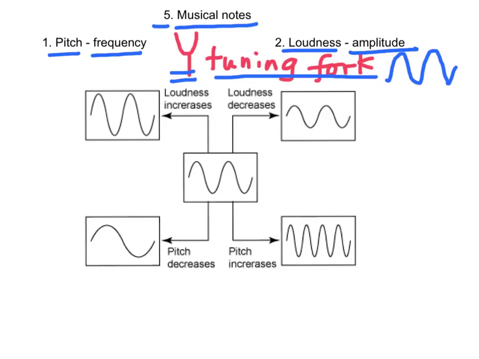That is, pitch is related to frequency f, loudness is related to amplitude A. Take for example, this is the original musical note. If we increase the loudness of the note, then the wave will have greater amplitude. If we decrease the loudness, then the amplitude of the wave will decrease.